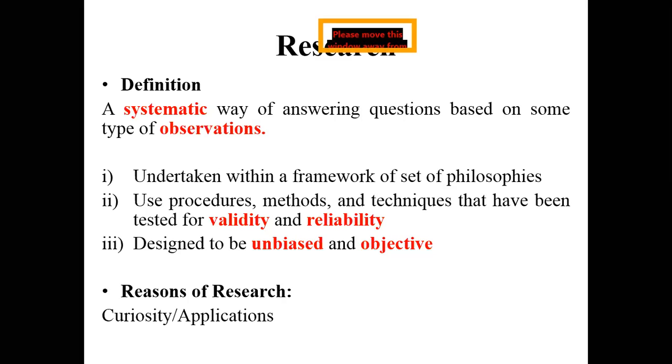For example, if a person has done research already and has given evidences. For example, we gave the example that metformin is a medicine for diabetes, and this can affect kidneys. So somebody has already done research and has concluded that metformin is affecting kidneys.